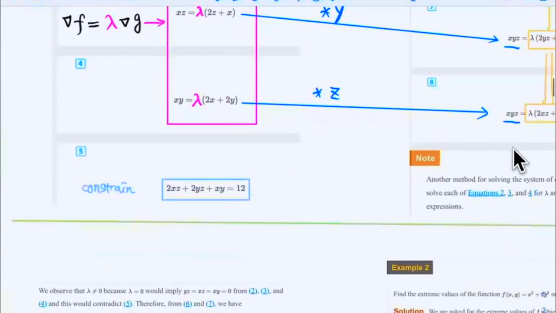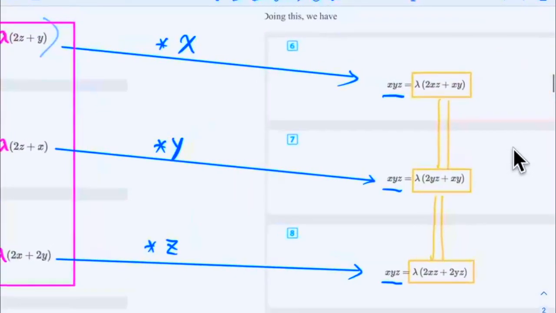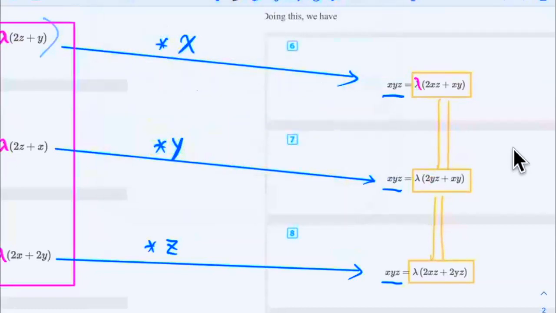But it says lambda does not equal 0. How come lambda cannot be equal to 0? Why? What happens when lambda equals 0? If lambda equals 0, then this whole thing equals 0, then the value equals 0, and then we won't have a box, right? The value will be 0. So lambda couldn't be 0, okay?